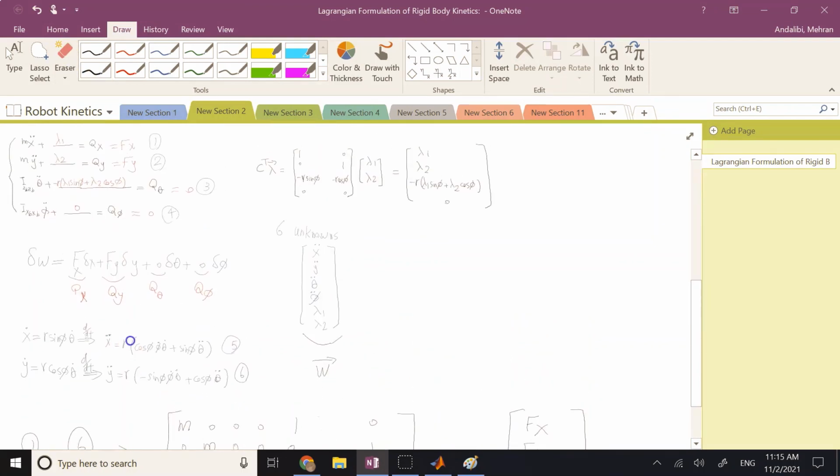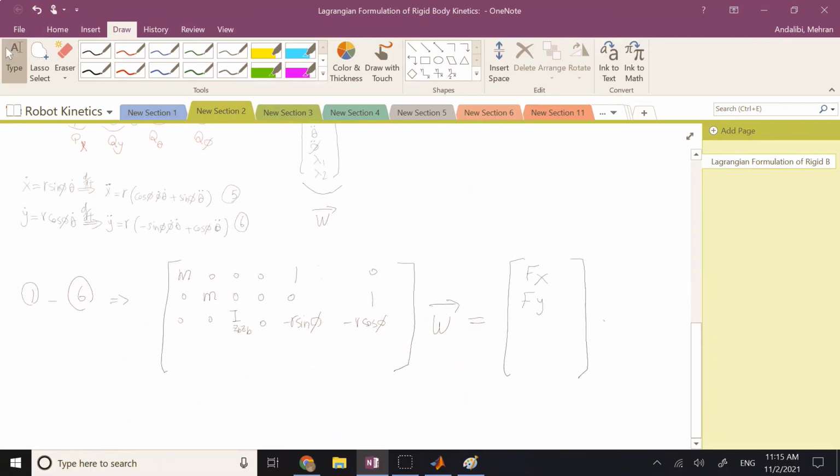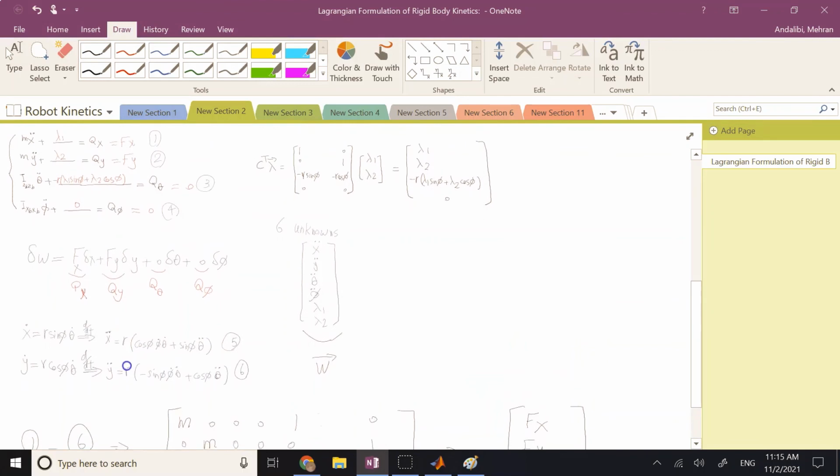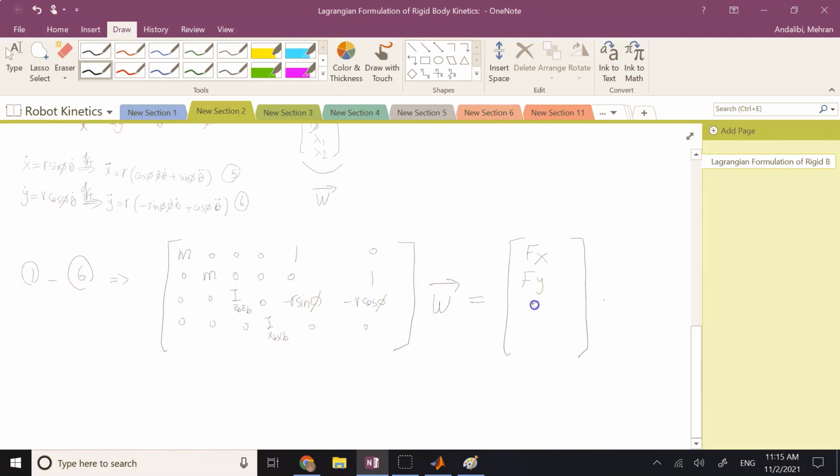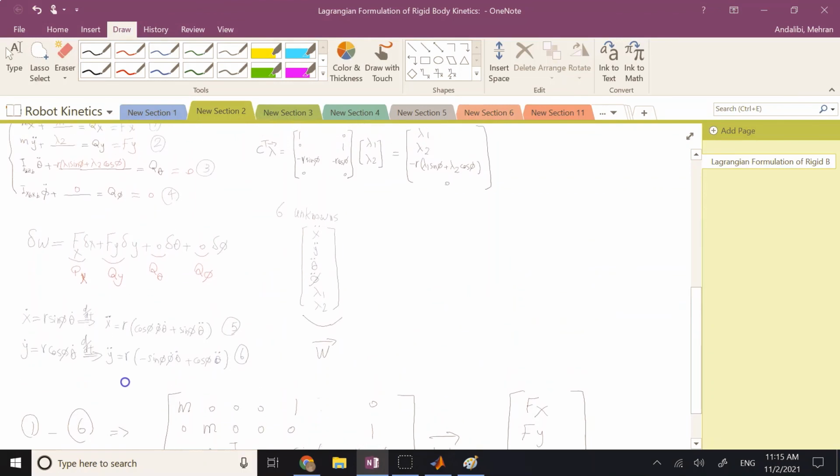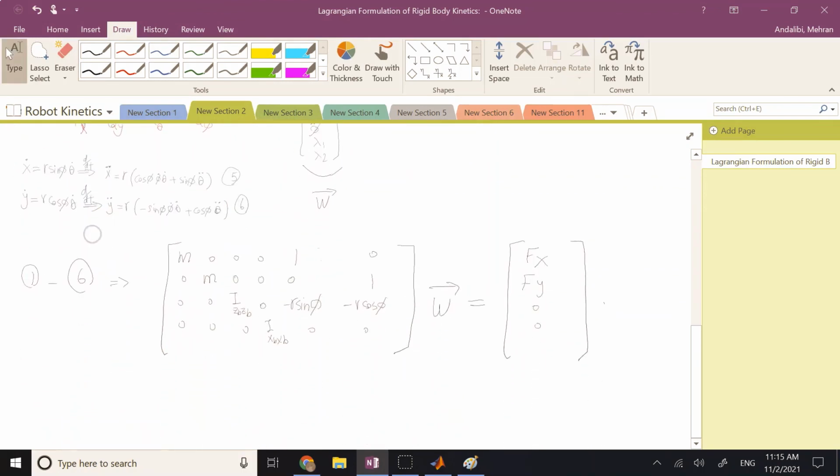And the next one is going to be, all of these guys are going to be 0 0 0. This is going to be I x b x b. No lambdas in it, and nothing on the right hand side. The previous one was also 0 on the right hand side. And then equations 5 and 6, if you look, you have 1 for x double dot, no y double dot. There is a theta double dot term which you have to bring to the left hand side, and that becomes negative r sine phi.